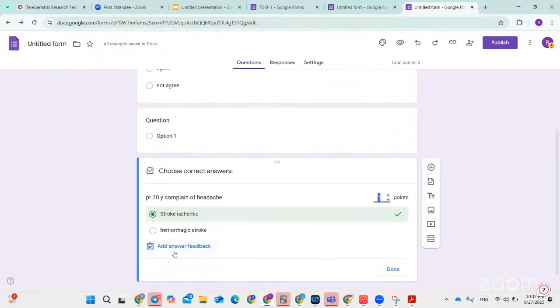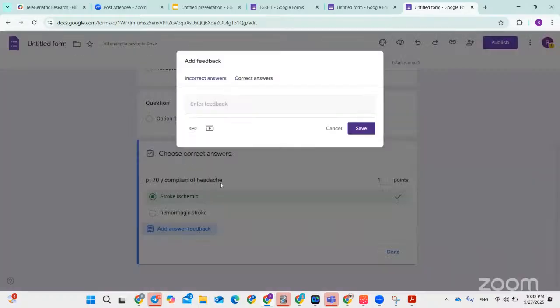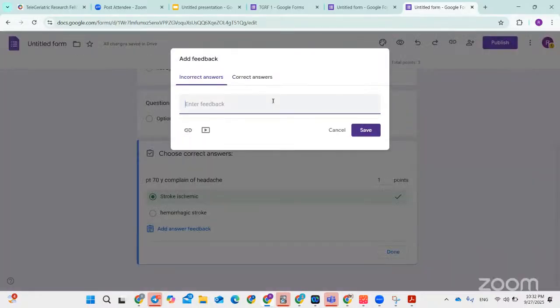Here you can also add answer feedback. You can write why it is ischemic stroke, and if it is incorrect, why it is not hemorrhagic stroke. This will appear only to those who choose the incorrect answer, and the other will only appear to those who answer correctly. So you can modify your feedback based on their response.